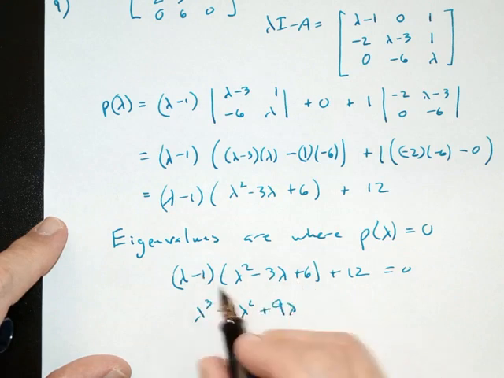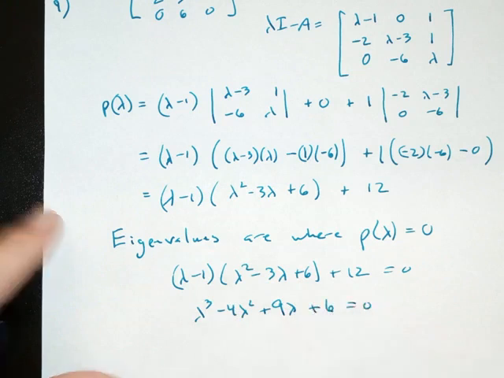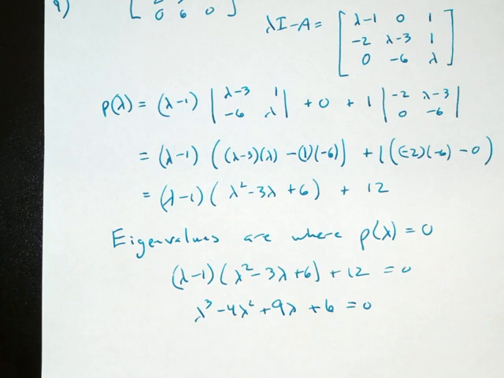That's plus 9 lambda minus 6 plus 12 is plus 6. No, I'm not sure this is any nicer this way. So that was mental arithmetic that I shouldn't have even bothered with.